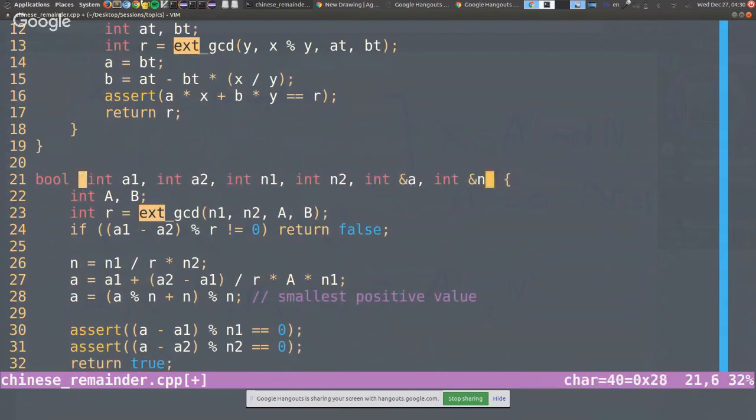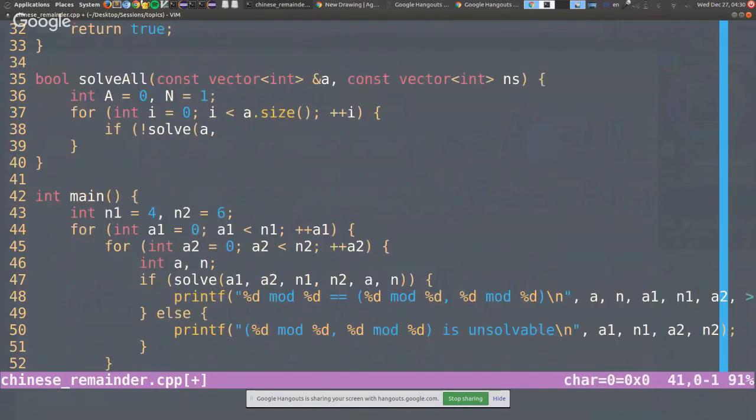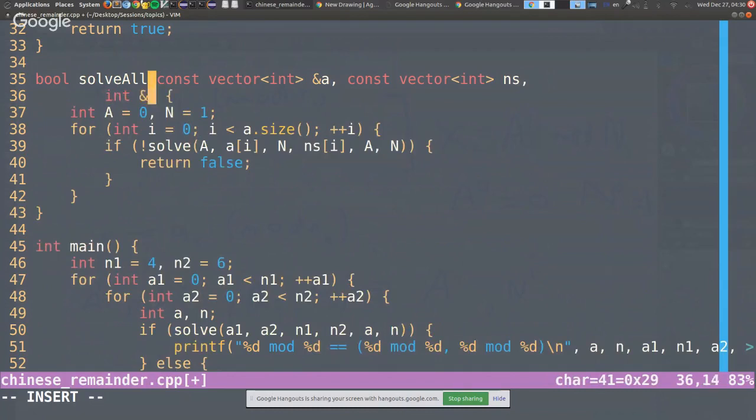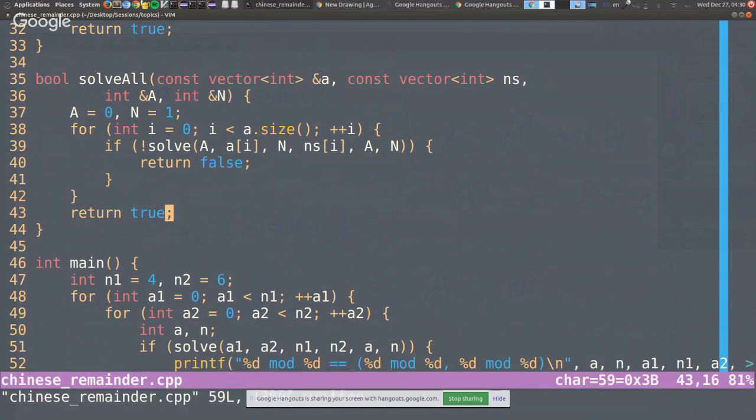We can call it solved. So we solve A of I. Basically this would merge all the equations.